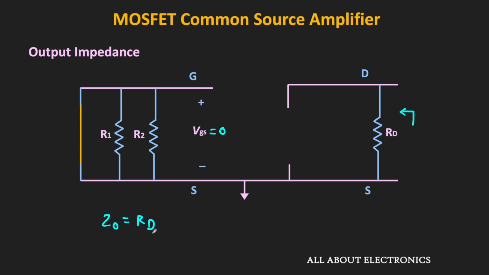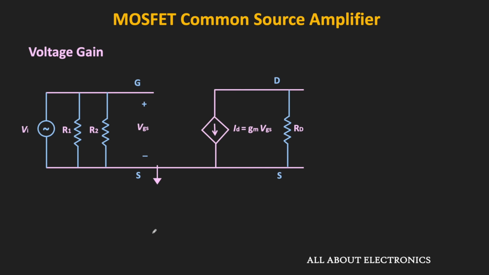Alright, similarly, now let us find the voltage gain. Here, the output is measured between the drain and the source terminal. Since the drain current ID is flowing in this anti-clockwise direction, we can say that Vout is equal to minus ID times RD, which is equal to minus Gm times VGS times RD.